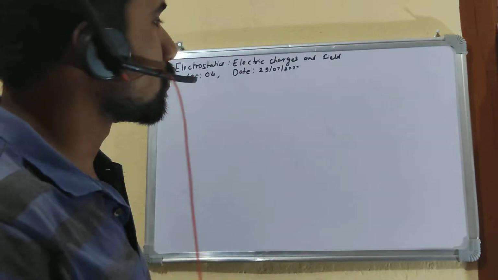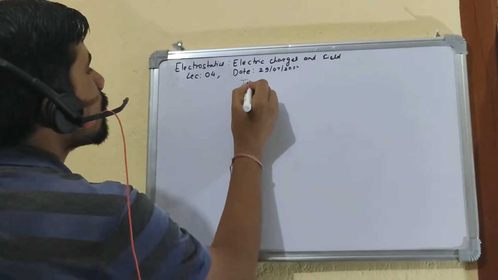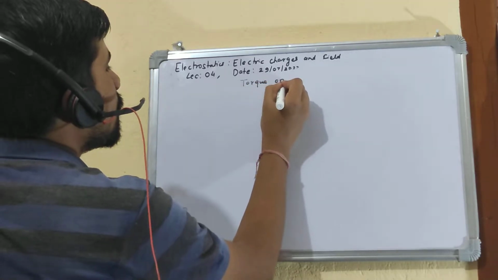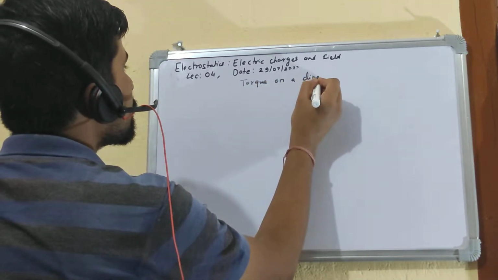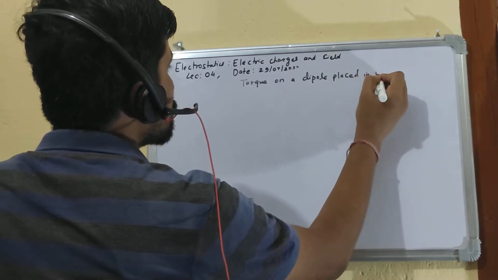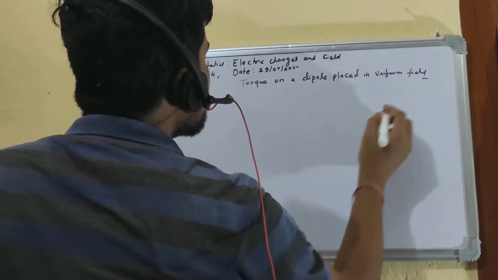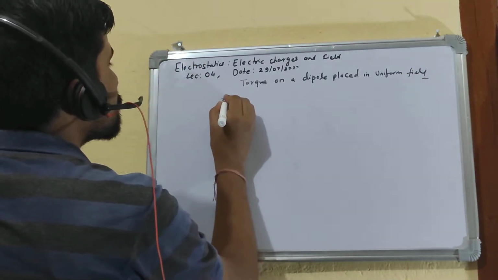Okay, so the topic is torque on a dipole placed in uniform field, right? So let me draw a diagram first.